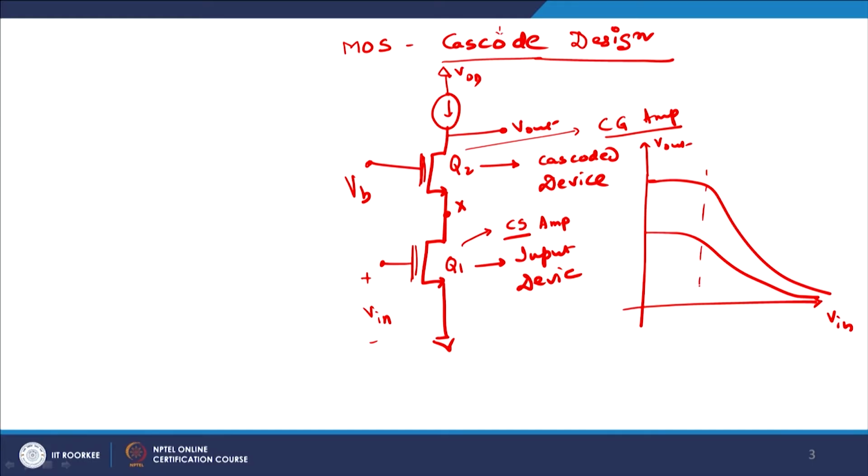This is your VTH1, this is VDD, and this is VB minus VTH2, I will explain. As my Vin happens to be very low, I can safely say that my Q1 is cut off. I am just finding out the voltage at this particular point.